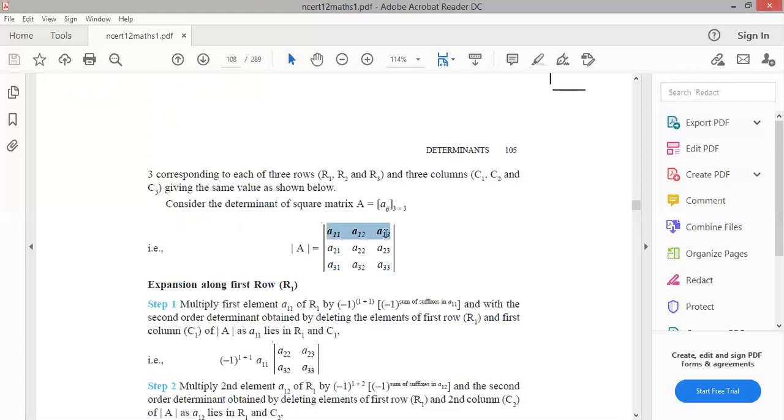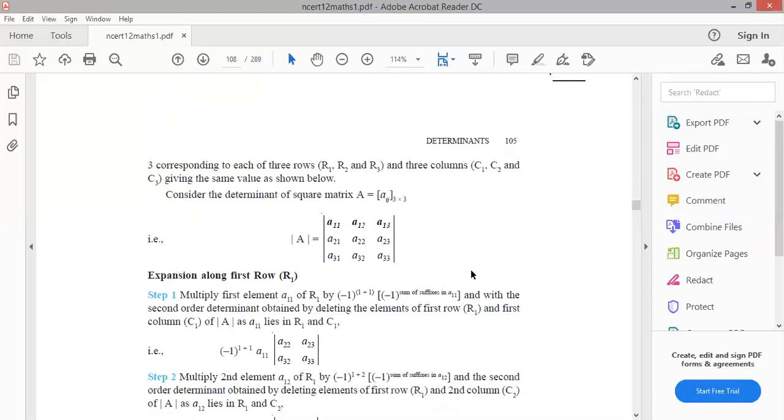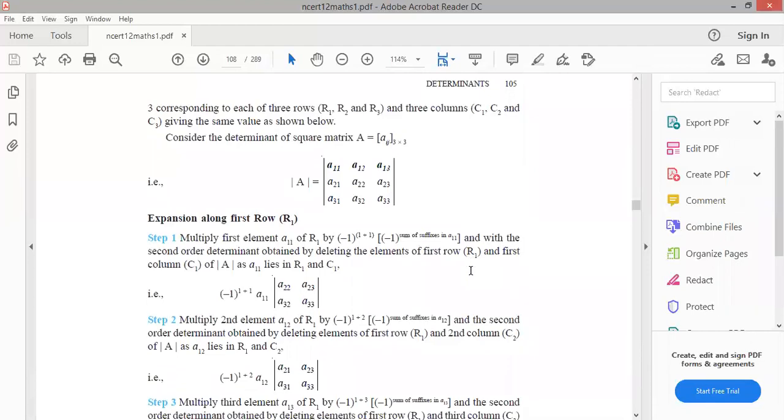We will expand this determinant along row 1. We write A11 and multiply it with the determinant of this submatrix A22, A23, A32, and A33. You can see it here.